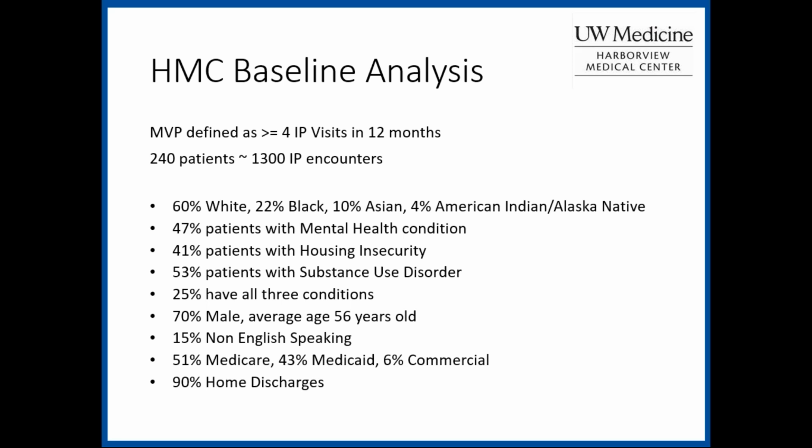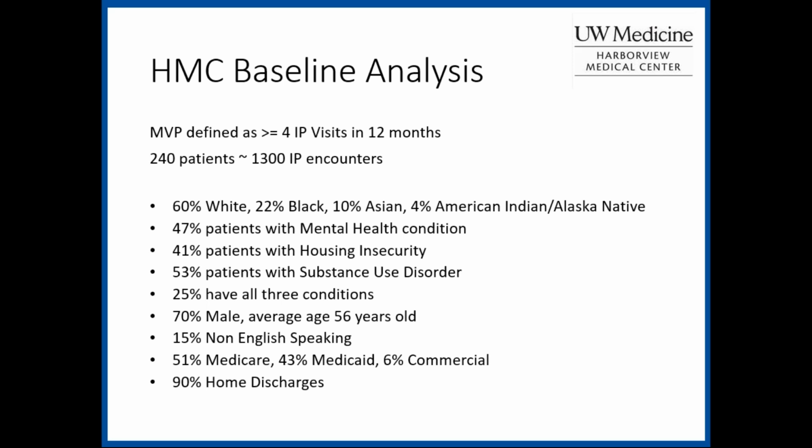They made up more than 1,300 inpatient encounters. And you can see the breakdown here by race. We also wanted to highlight some of the other conditions that we thought might be having an impact on their utilization. So you can see about 47% of those patients had a mental health condition, 40% had some form of housing insecurity, more than 50% had a substance use disorder, and of those patients, 25% actually had all 3 of those conditions.